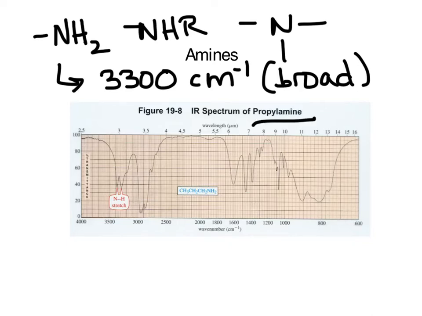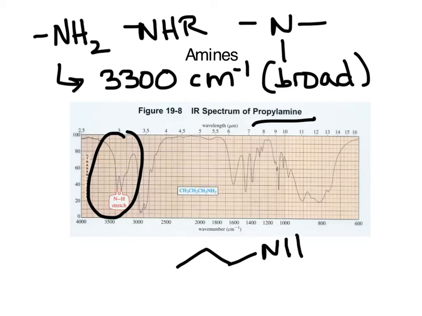So if we take a look at propylamine, we start to see that NH stretch, which is broad, around 3,300. Now in this particular instance, we're talking about two nitrogen-hydrogen bonds, and these can be distinguished because of the nitrogen-hydrogen stretching.